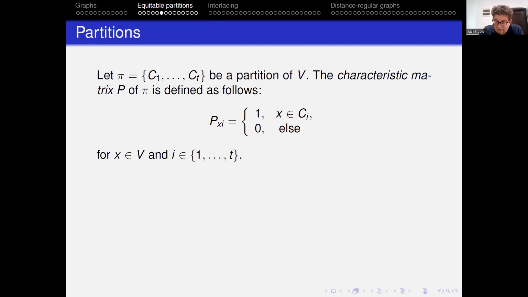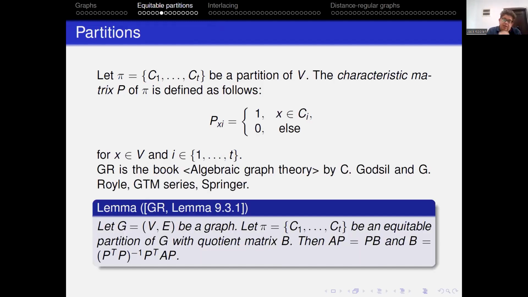It's not a difficult kind of matrix. The book is Algebraic Graph Theory by Godsil and Royle. It is in the GTM series, but I don't know exactly what the number is, but it is by Springer.